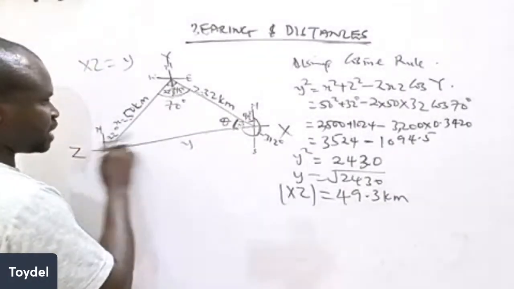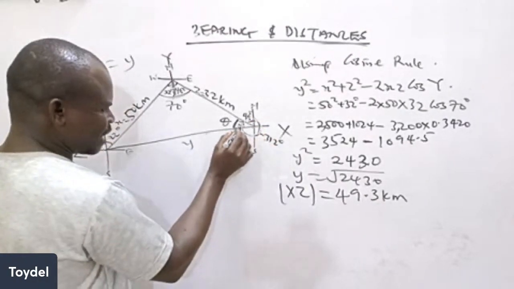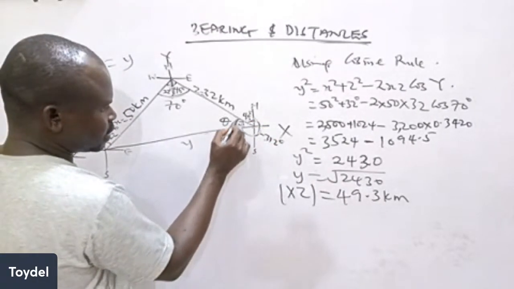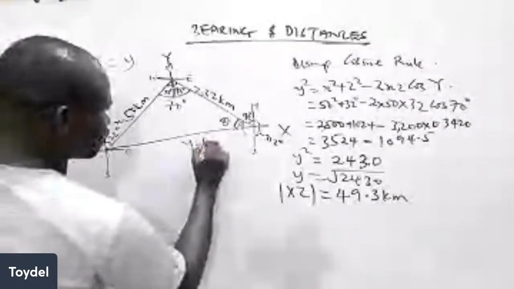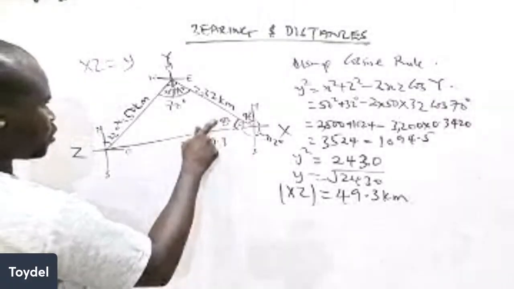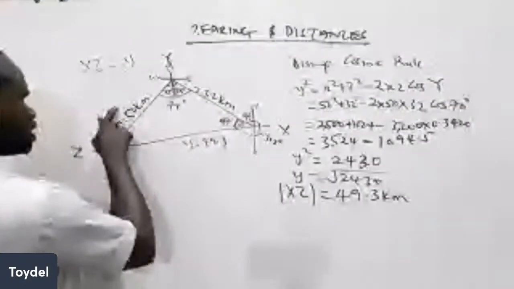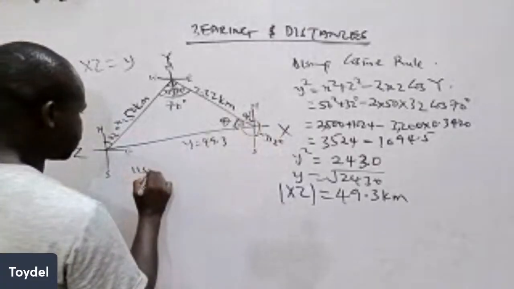For me to know the bearing of z from x, we start from here. I know this is 90, but I don't know this angle. But once I know this angle here, that will give me the bearing of z from x. So how do I know this angle theta? I know this side now to be 49.3. I know this side, I know this, and I'm looking for this, so I can apply the sine rule.